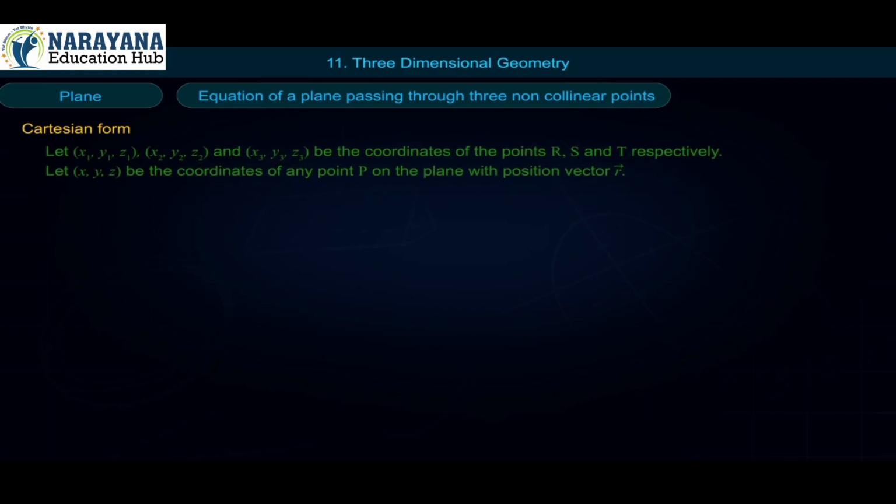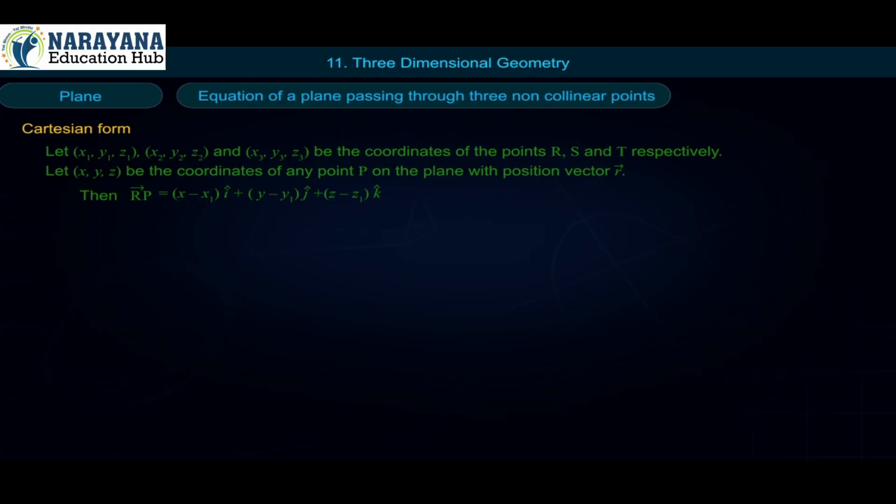Cartesian form. Let (x1, y1, z1), (x2, y2, z2) and (x3, y3, z3) be the coordinates of the points R, S and T respectively. Let (x, y, z) be the coordinates of any point P on the plane with position vector r.